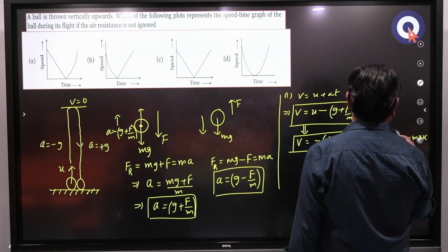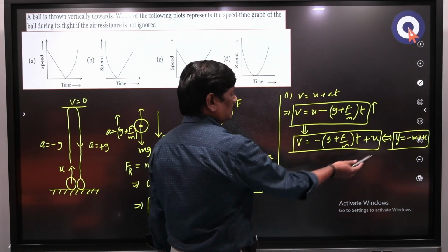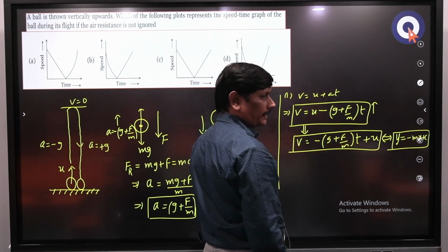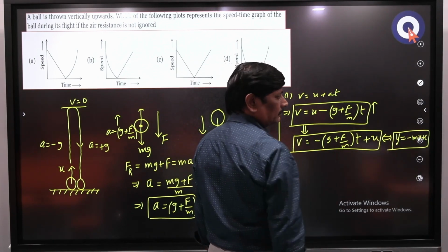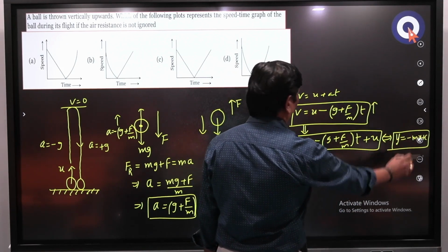This equation is similar to y is equal to minus mx plus c. Y is equal to minus mx plus c means what? A straight line with a negative slope and positive intercept.